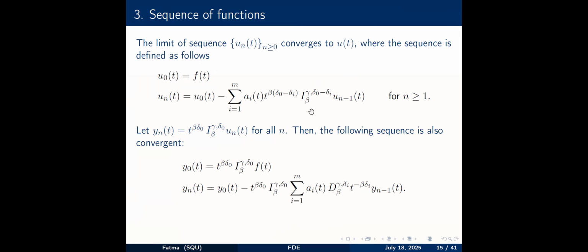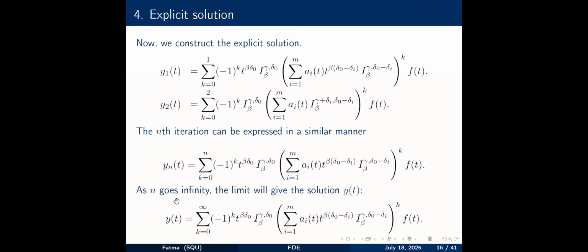Then we can write it back to y of t, because our aim is to find the solution for the differential equation. So we use the previous substitution here. We just do replacement, or substitution. So we get the sequence in this form in terms of yn. Now to construct the solution, we are going to do the iterations. So we start with y1. Then we can end up with this summation.